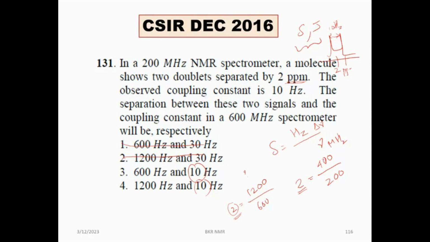The coupling constant will never change, and not only that, the chemical shift value is also independent of the operating frequency. That will also never change. So 2 is 2. That will never change. They are asking for the separation between these two signals and the coupling constant. The spectrum looks like this at 600 megahertz and like this at 400 megahertz. That is the only change you can observe.